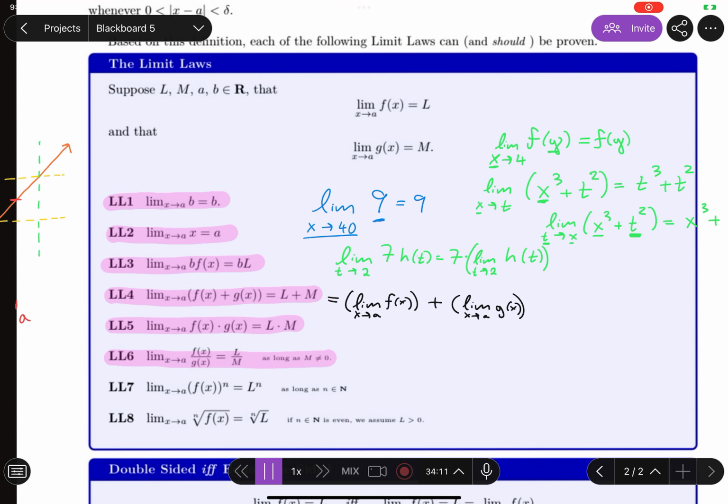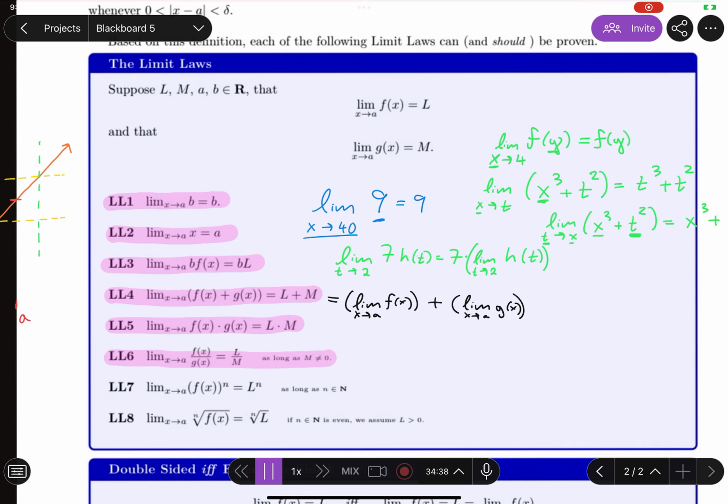But distributing over multiplication is a little bit weird, kind of something new. And of course, you can replace L with its literal name if you want to see this law in a different way, and replace M with its identity, the limit as x approaches a of g of x. But this says the limit of a product is the product of limits. And of course, we have the limit of a quotient is the quotient of limits.